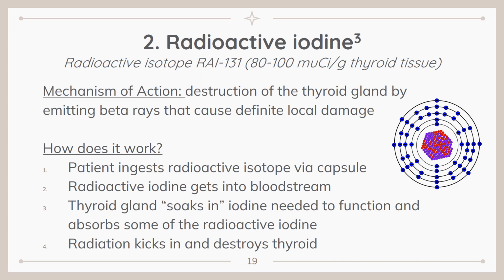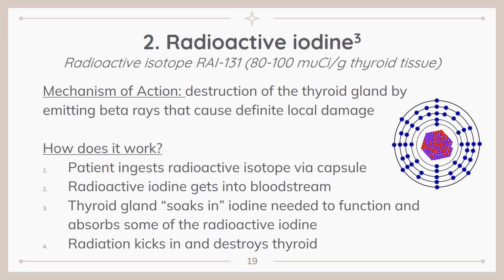So if we are giving a patient radioactive iodine, the radioactive iodine is going to be absorbed by the thyroid gland. Due to getting absorbed, it will destroy the thyroid gland by emitting beta waves and rays that cause definite local damage. In order for this to work, the patient ingests the capsule with said radioactive isotope.